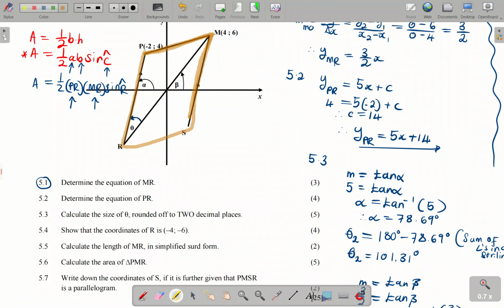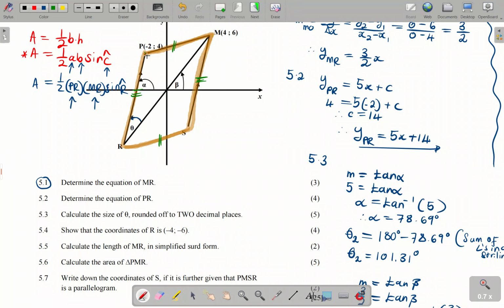So guys, you have to know the properties of a parallelogram. The opposite sides are parallel and also equal. So this one here is parallel and equal to the longest one there.